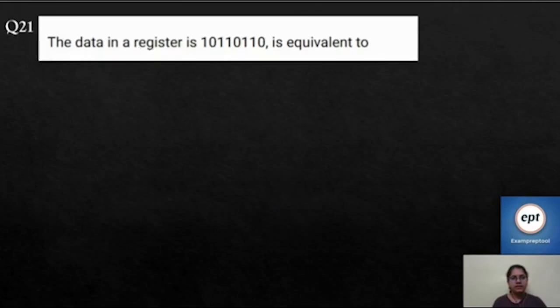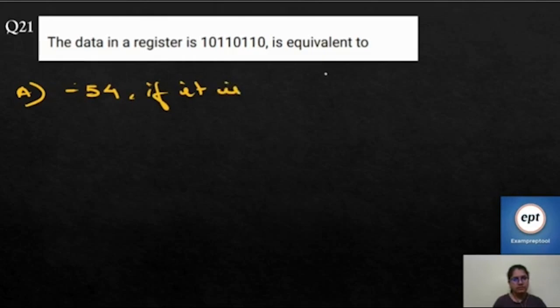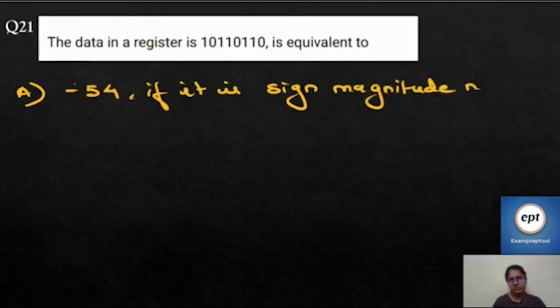So the data in a register is this, in the binary format they have given, and it is equivalent to, okay, so let's see the options. Option A is minus 54 if it is sign magnitude notation.